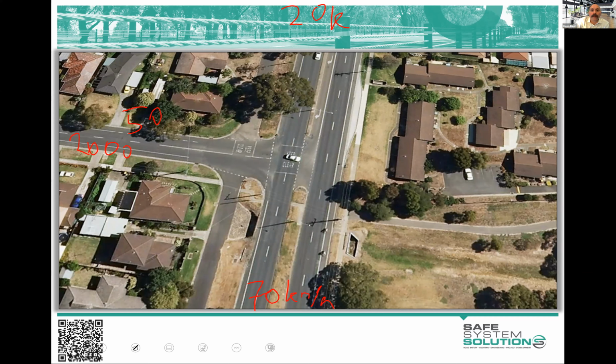We've got a shared path here. This is a bus stop. It's all residential. There's a school down the road, about 300 to 400 meters. These are two-way service roads. This is like a drainage structure. Drains out that way.